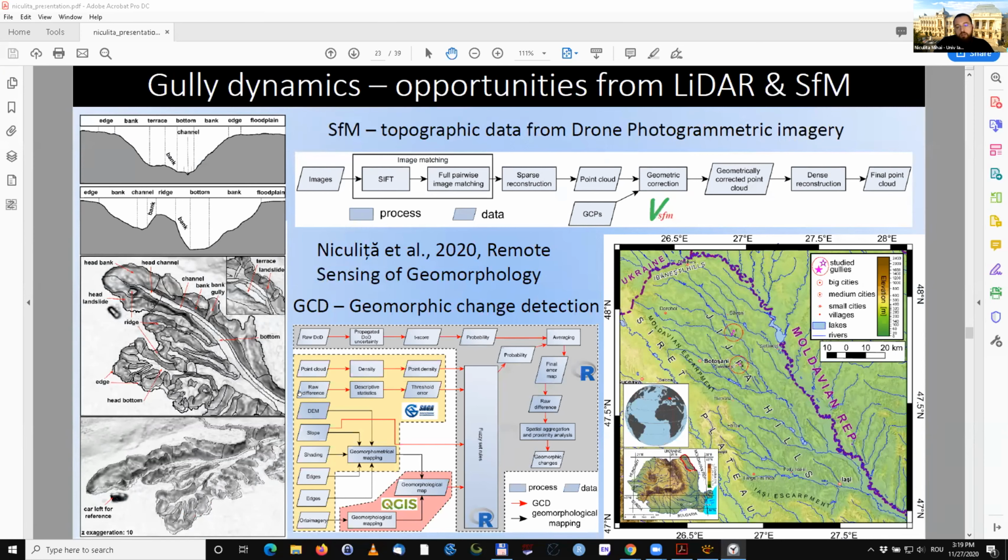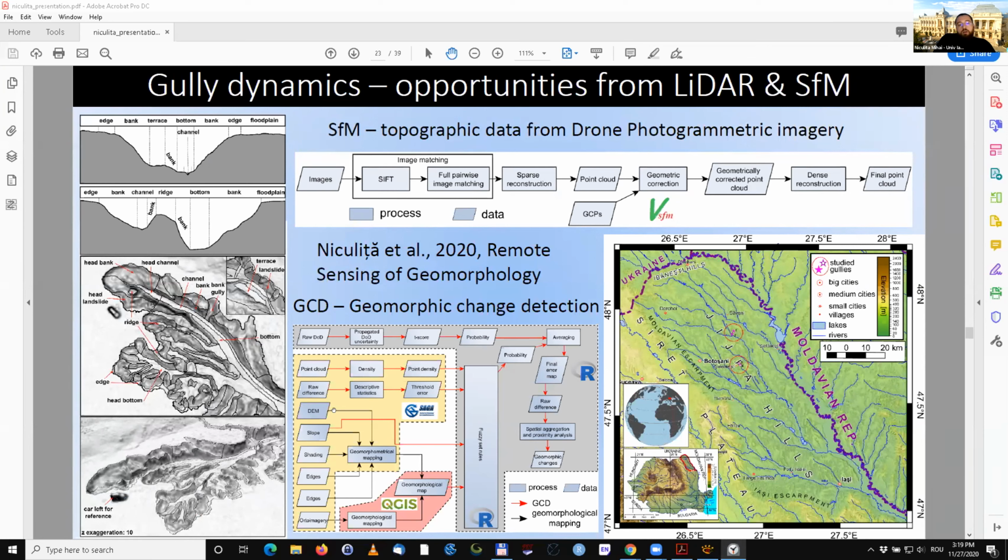As I told you, for some of them we were able to use structure from motion, which was acquired in 2019. And we were able to determine the geomorphic change detection between 2012, the point in time when the LiDAR data was acquired, and 2019. We have flights in the beginning of the year, in winter, when the vegetation is not so well developed.